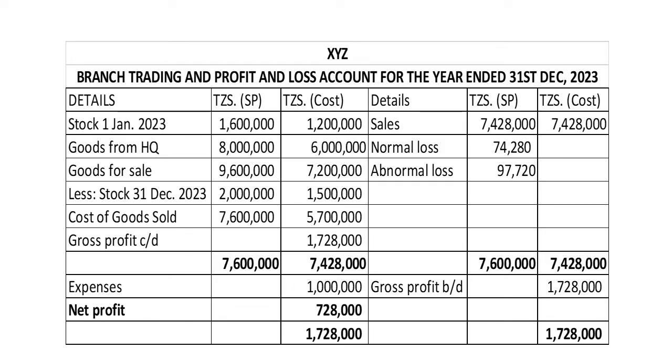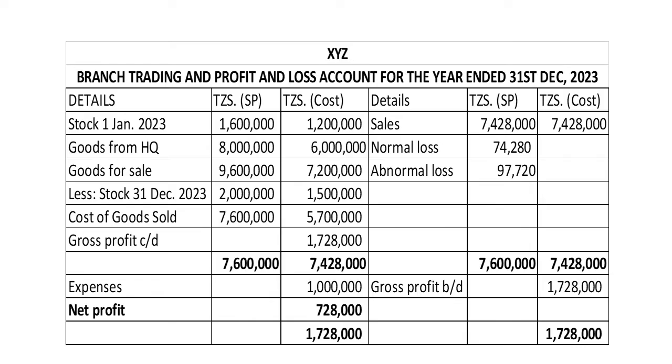So goods available for sale at selling price are 9,600,000, and the cost price will be 7,200,000. Less closing stock, which is 1,500,000 at cost. If you change it to a selling price, it will be 2 million.